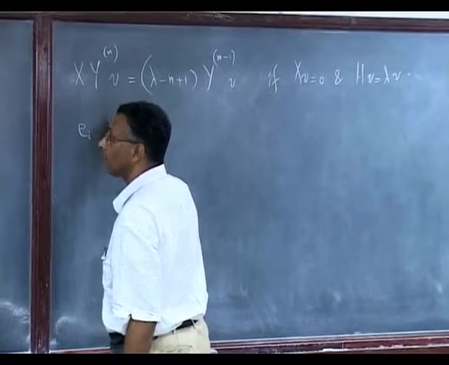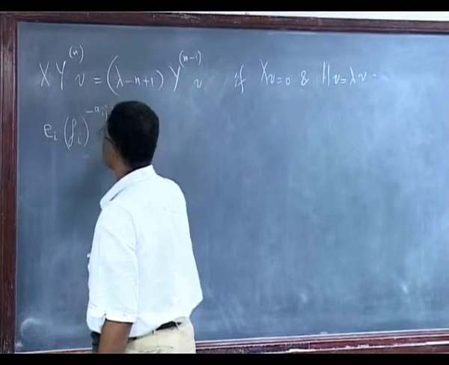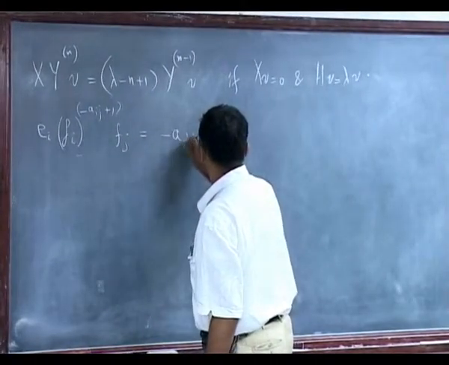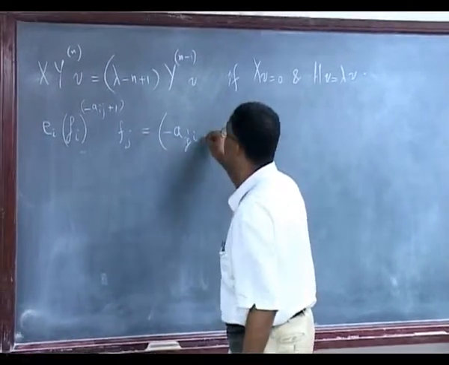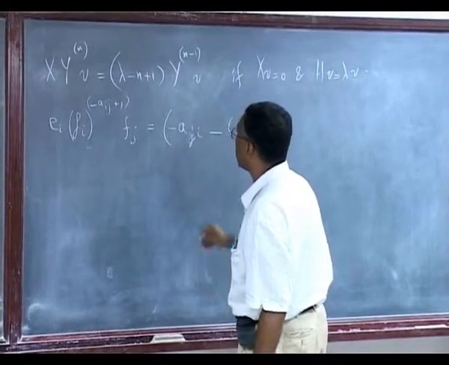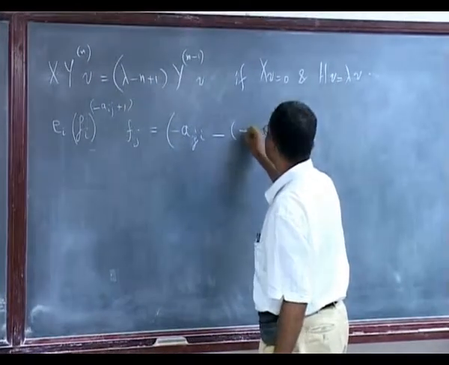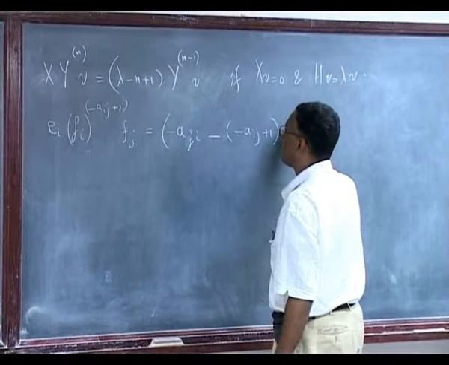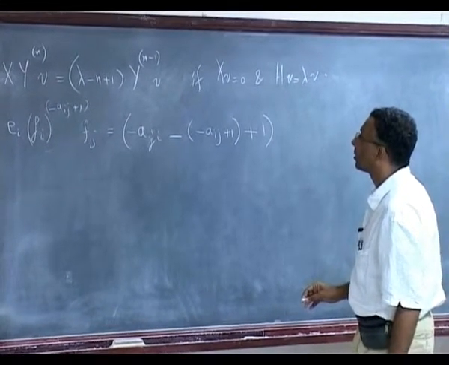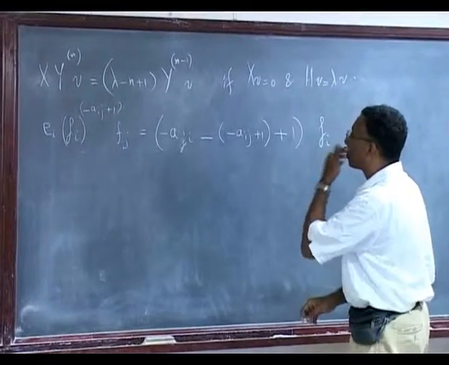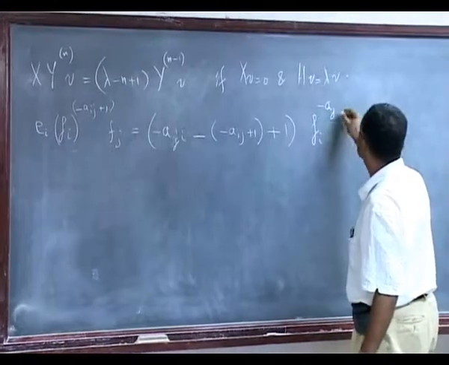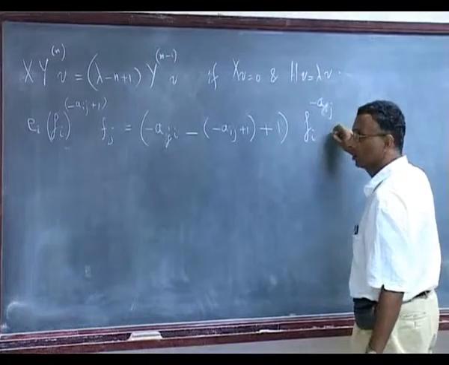Ei on Fi to the minus Aij plus 1 Fj is equal to lambda, which is minus Aji, and minus n is this, so minus Aij plus 1, plus 1, of Fi times Fj.